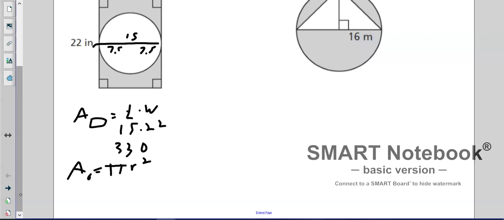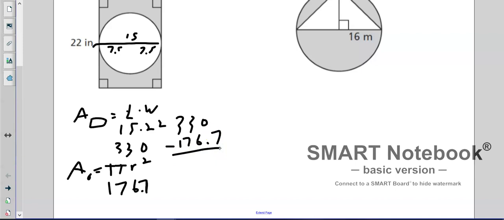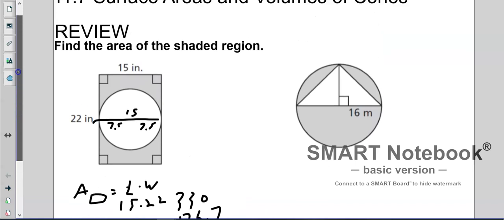I'm just using the pi key. And you get 176.7. If you subtract those two, you get 153.3 inches squared. Remember, area is always in inches squared.